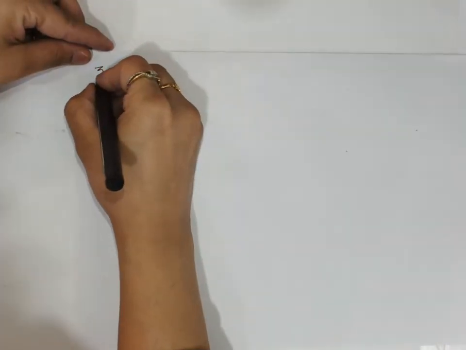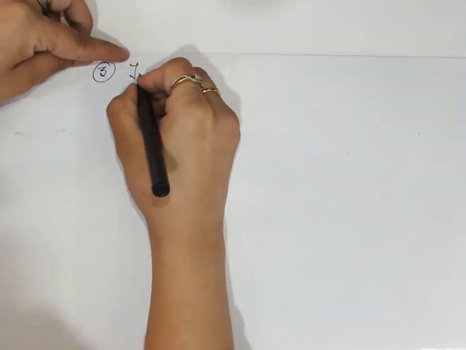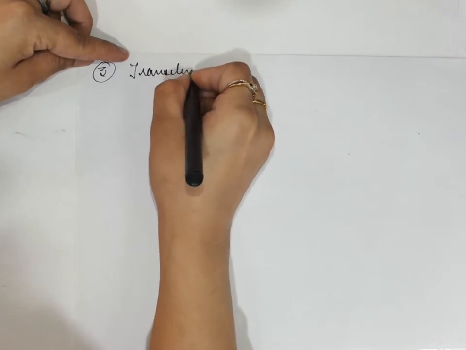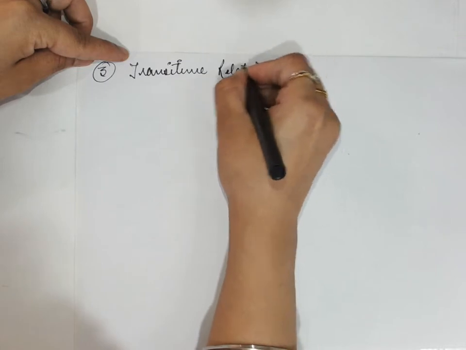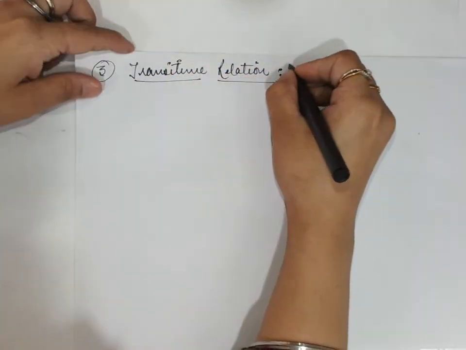Now come to the last property, that is transitive relation. What does transitive relation say?